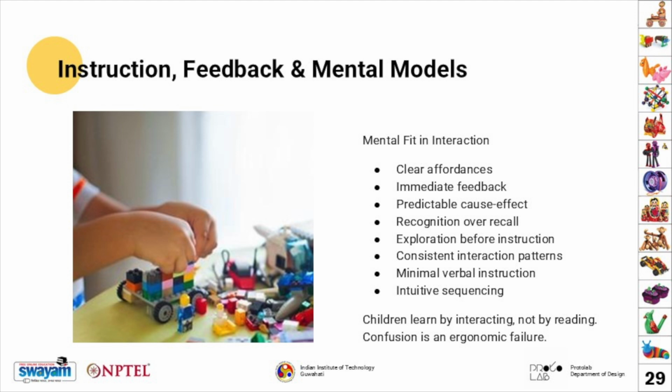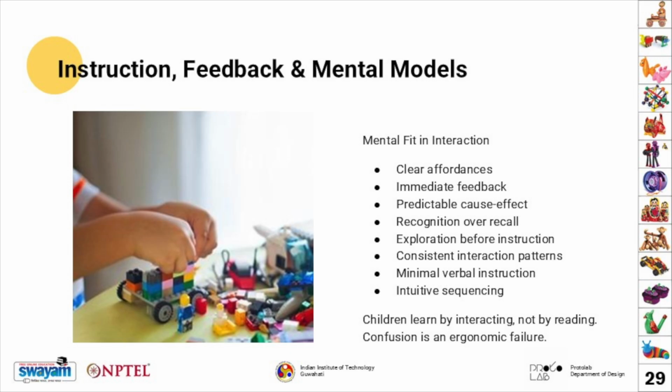A visible affordance is easier than remembered instruction. An intuitive toy communicates through form. Shape suggests function. Movement suggests possibility. Natural mapping reduces interpretation effort.